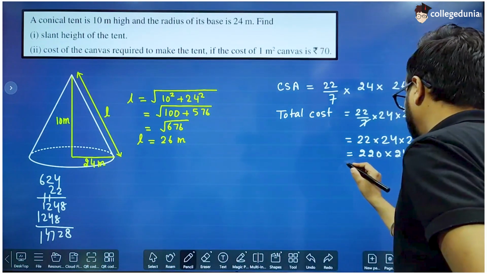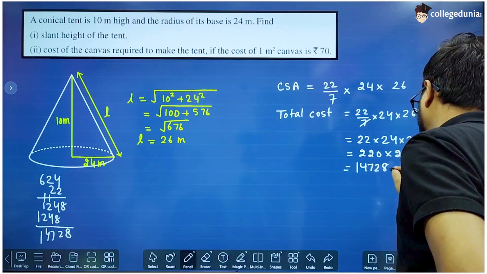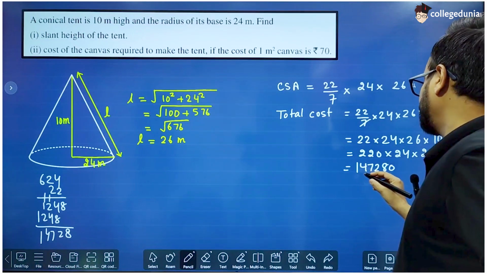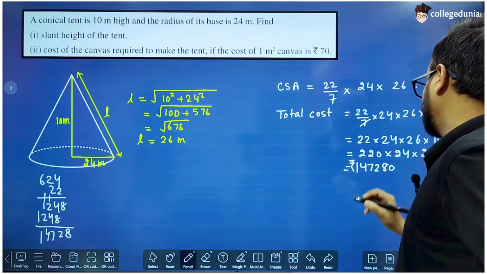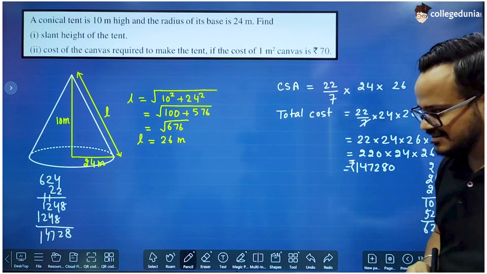So the answer is 137,280. That is the total cost. The tent is turning out very expensive. Okay, it is 10 meter high too. So the cost is 1,37,280 rupees.